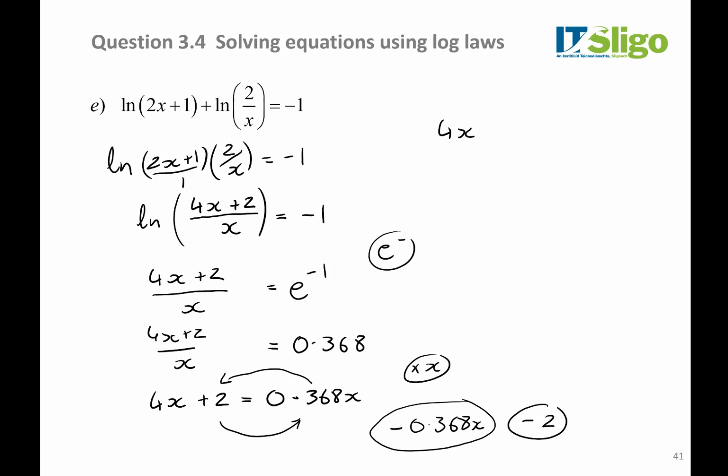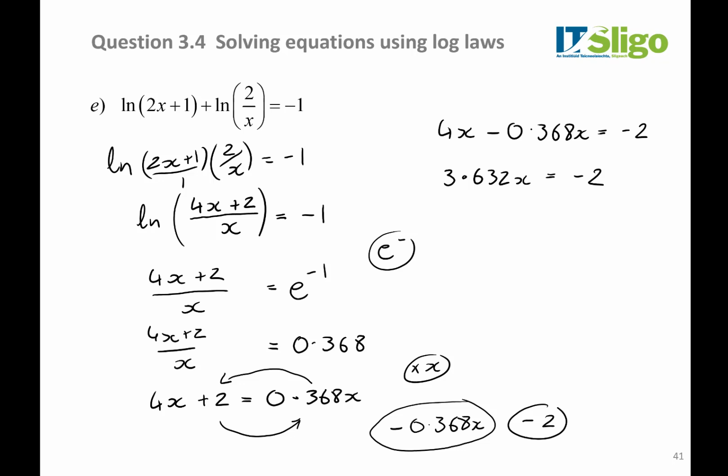So we're going to get 4x minus 0.368x is equal to minus 2. This is going to give me 3.632x is equal to minus 2.